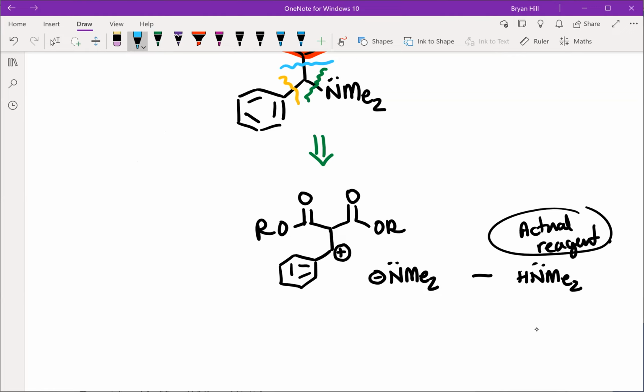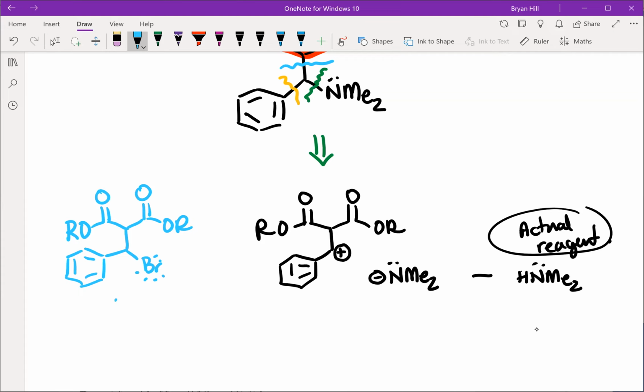Yeah, because it's only secondary. Okay, so I guess it would actually be tertiary if you had the OR. So we would need a bromine here, something like that.